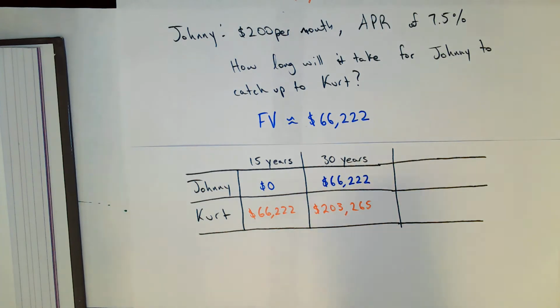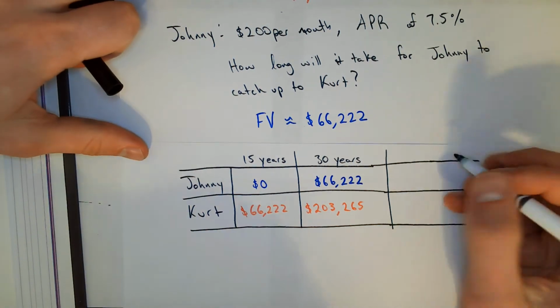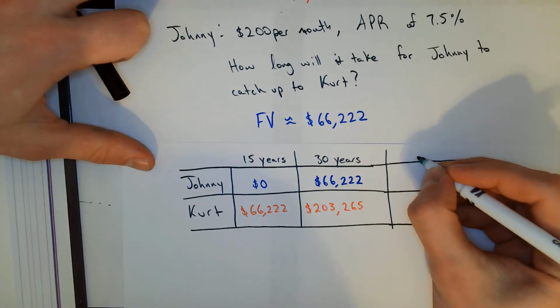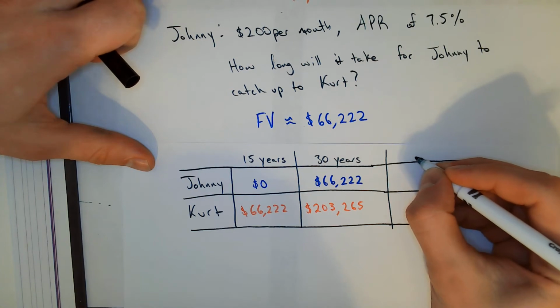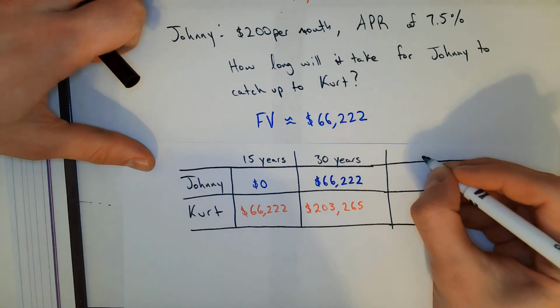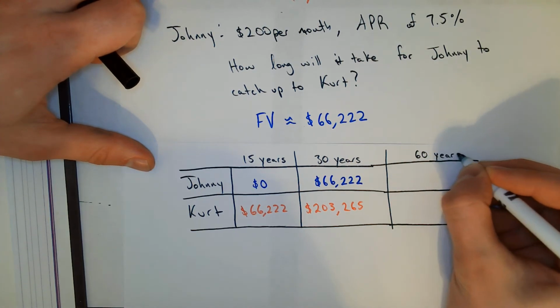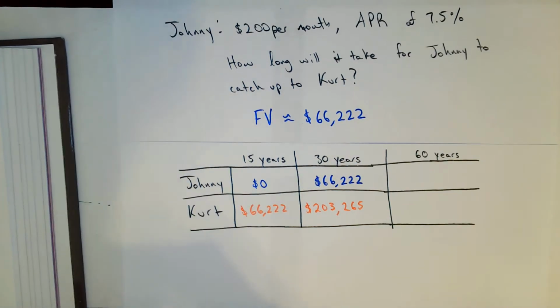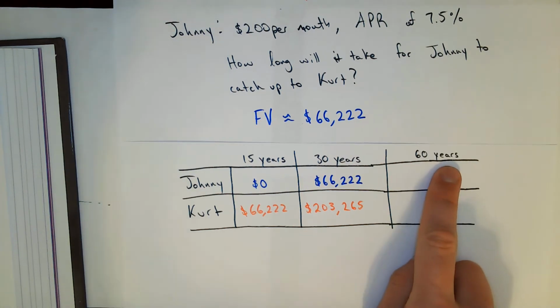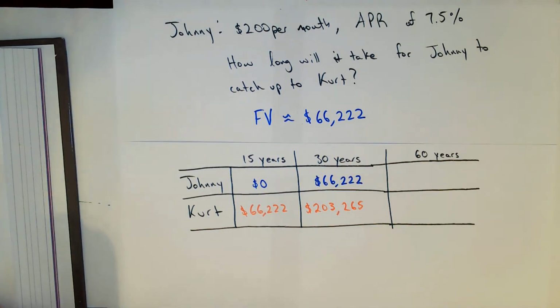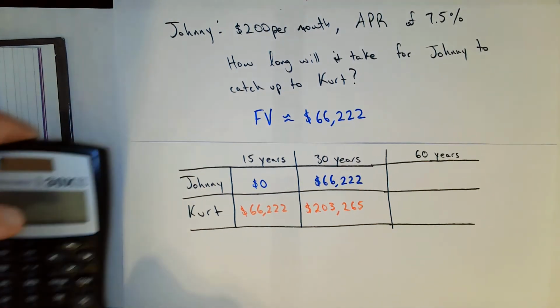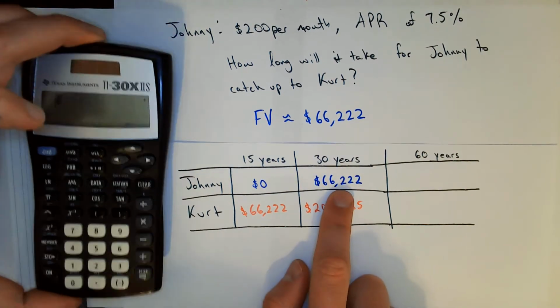Let's go all the way to 60 years and just see where they would be at. So they are both old now, because this is 60 years after they graduate college, right? Let's see how much is in Johnny's account.